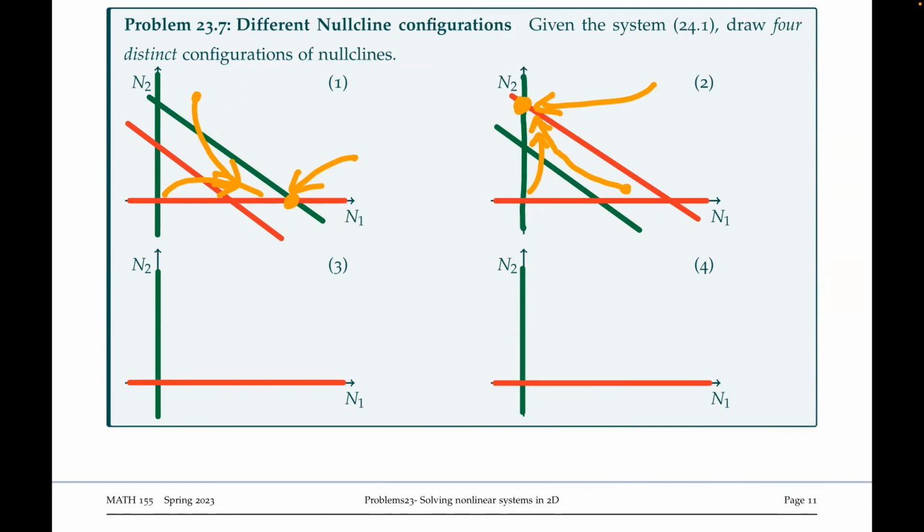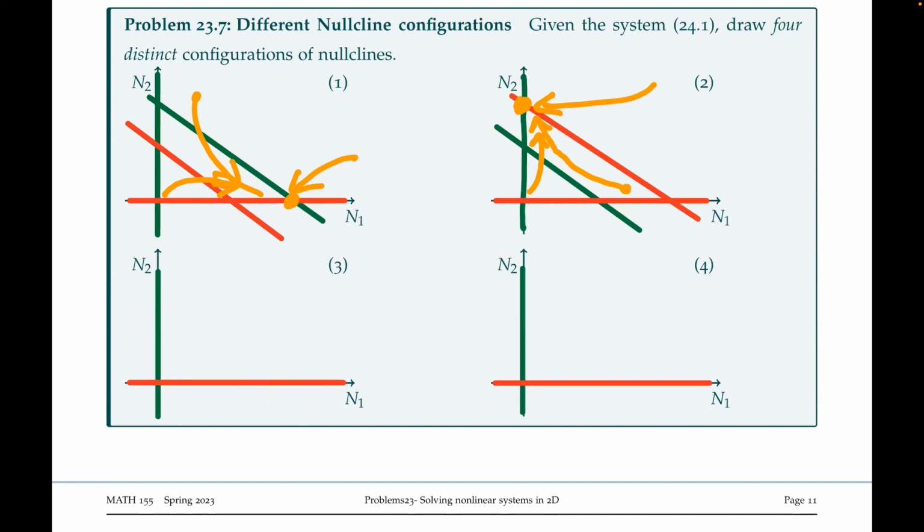What are the other orientations we can have? One of them is if we have something like this, where our red null line looks like that, and our green null line now looks like this.